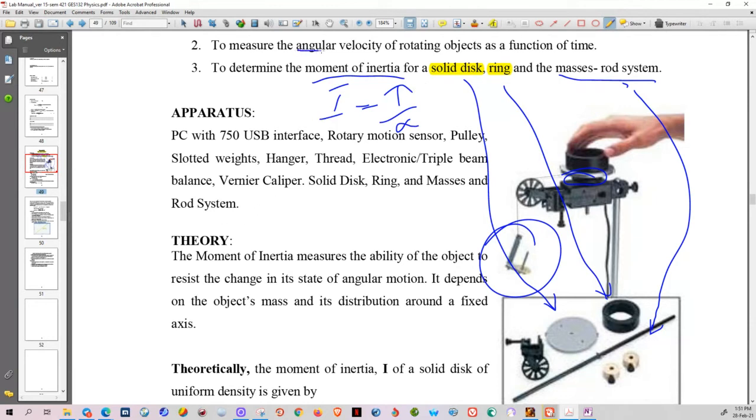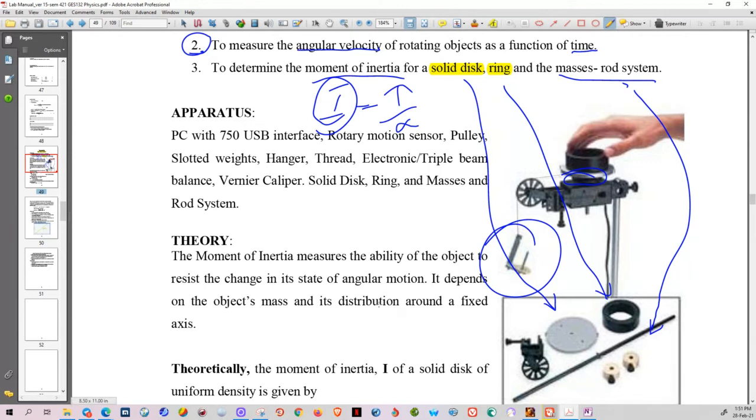It is the change in angular velocity, how fast the object is spinning in radians per second, divided by time. So the computer is going to measure alpha, the angular acceleration. We are going to calculate torque, and by taking torque divided by alpha, we will be able to find the inertia of each object. That's what we are going to do today, okay?